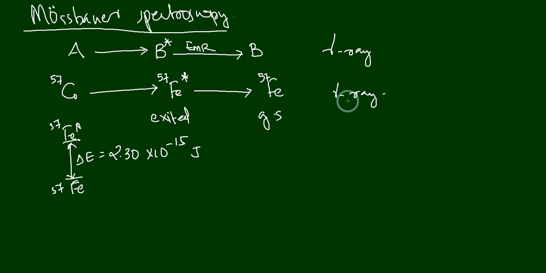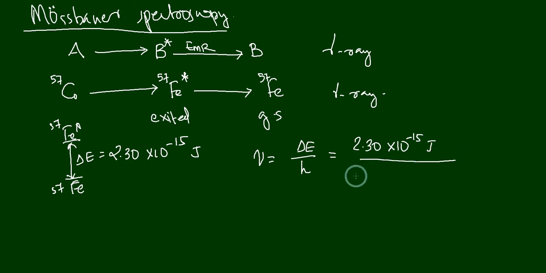So the gamma ray frequency which is being emitted from here can be calculated. The frequency nu corresponding to this energy difference is equal to delta E divided by h, that is 2.30 into 10 raised to minus 15 joules divided by Planck's constant, 6.625 into 10 raised to minus 34 joule second.